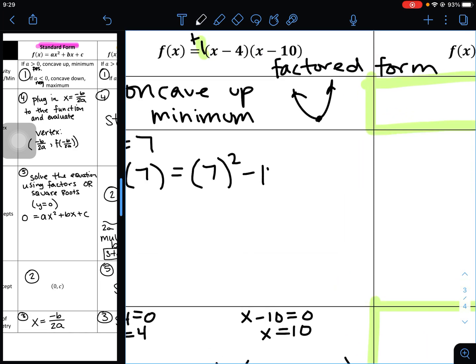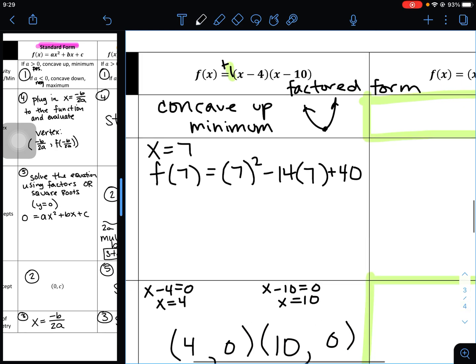So 7 in both of the spots where there should have been an x. Remember, I used parentheses. You can put that right in the calculator. Or we know that 7 squared is 49.